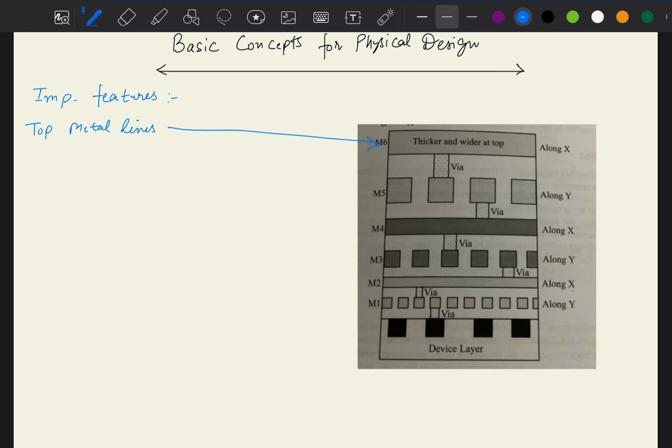So the top interconnect has low resistance and it will result in a smaller voltage drop across it. So thick top metal layers in the power delivery network can be used to maintain a uniform supply voltage across the circuit.